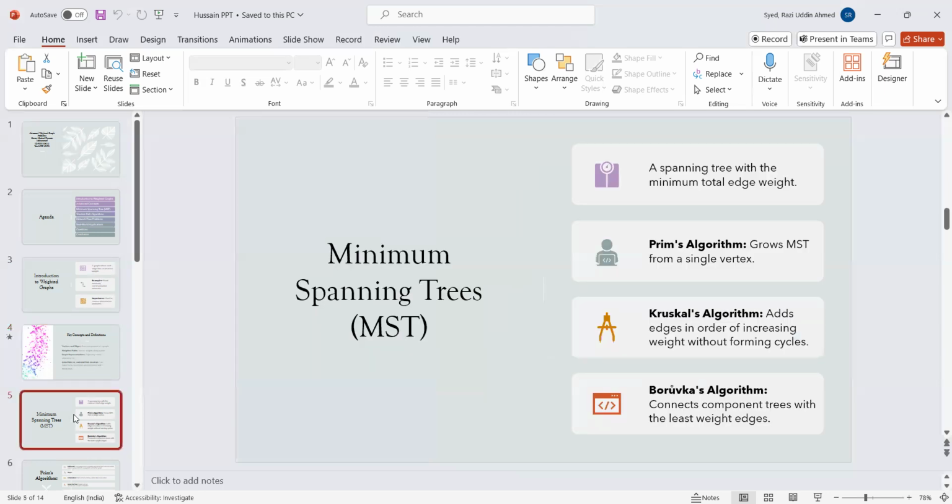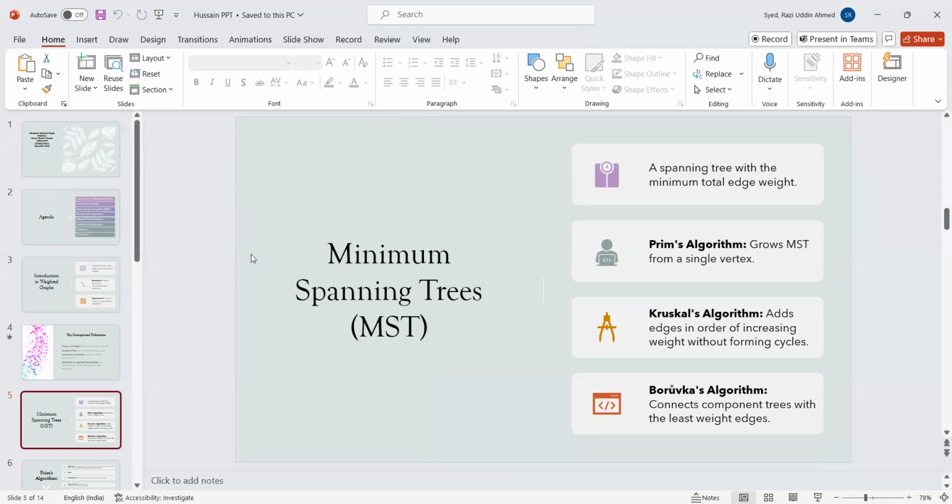The next slide is MST, which is basically the minimum spanning tree. An MST is a subset of the edges in a weighted graph that connects all vertices together with the minimum possible total edge weight and no cycles. The algorithms for MST: there is Prim's algorithm.